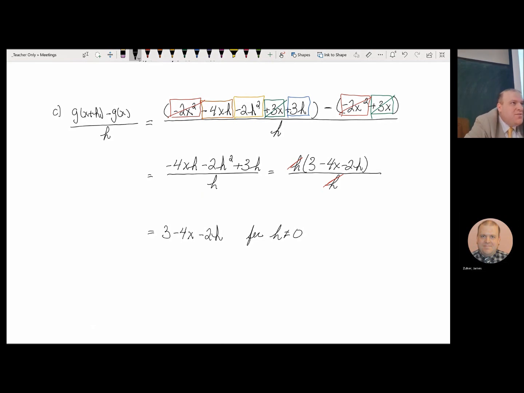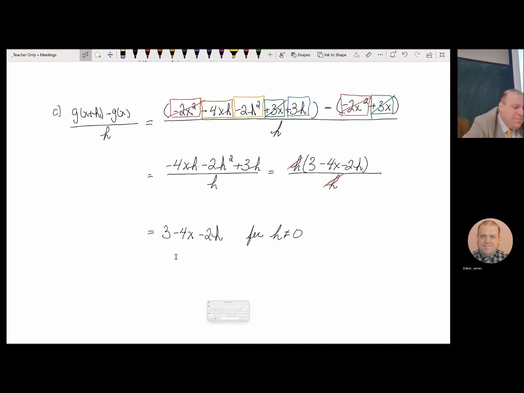Because if h is 0, then you have 0 over 0, which is undefined. So if h equals 0, these two terms are not equal. One's undefined, the other's 3 minus 4x. They're not equal. We typically just ignore that because it's implied for h not to be 0.